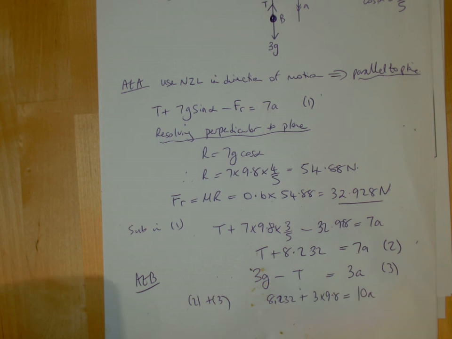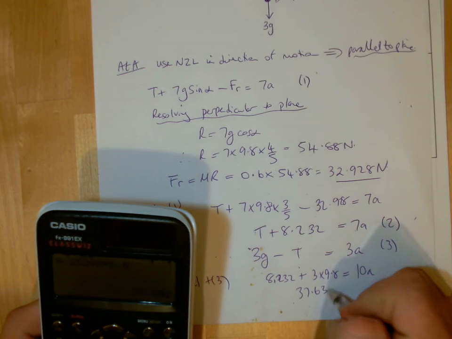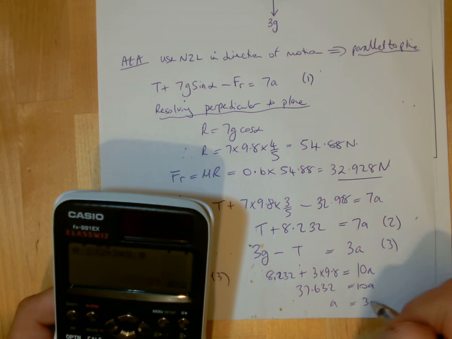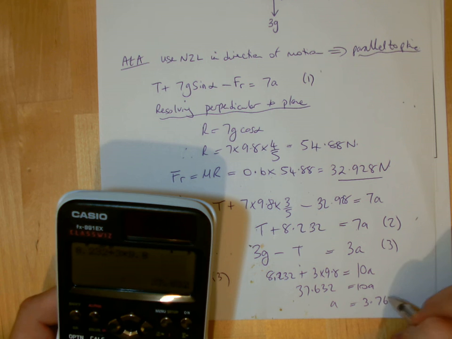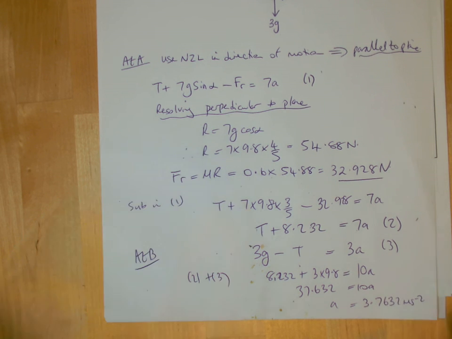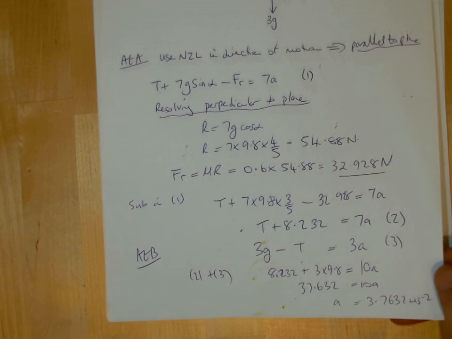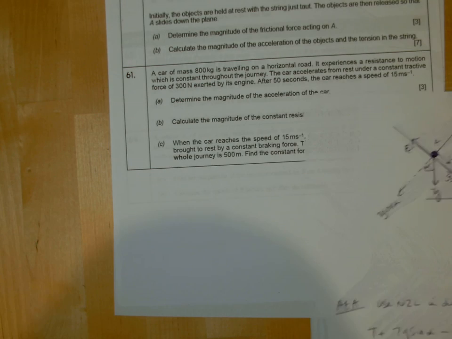8.232 add 3 times 9.8 is 37.632, which equals 10a. So therefore a will be 3.7632 meters per second squared. So we've got the acceleration of the system.